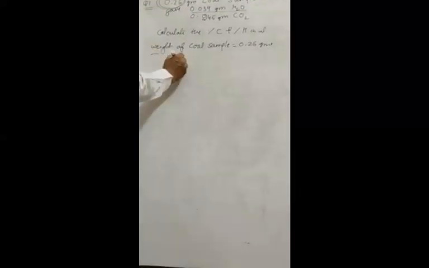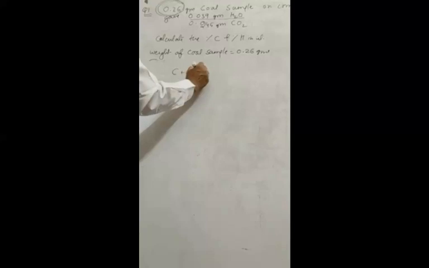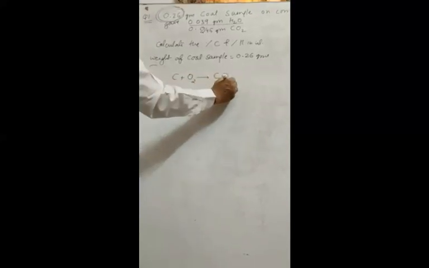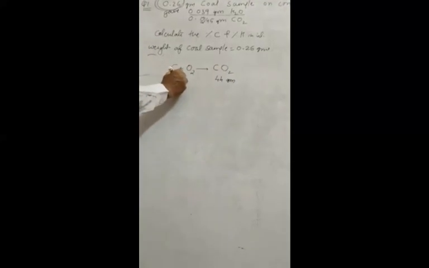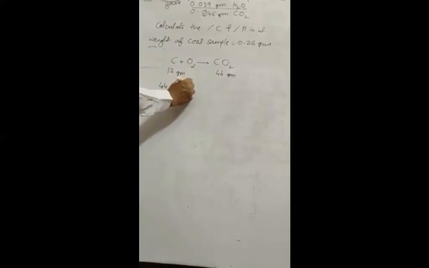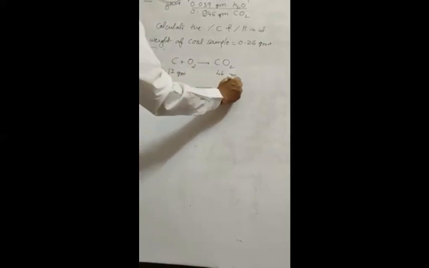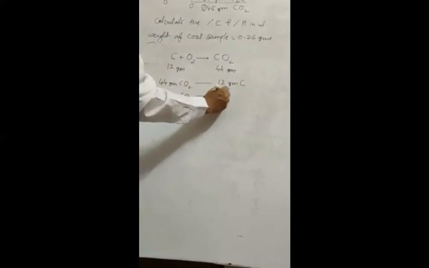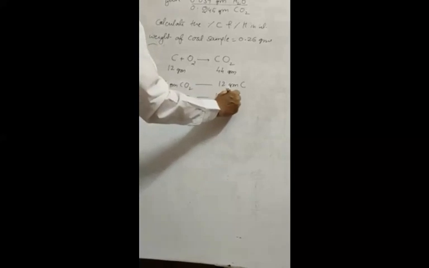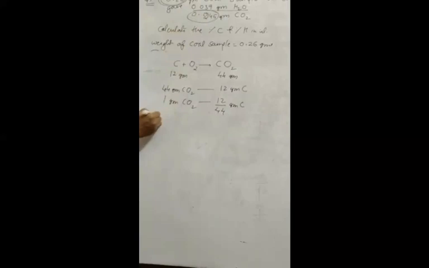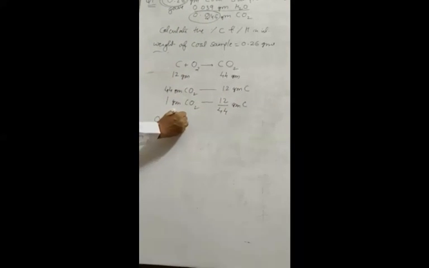Similarly, we can calculate the percentage of carbon from the amount of carbon dioxide formed. C plus O2 gives CO2. So 44 grams of carbon dioxide corresponds to 12 grams of carbon. So 1 gram of carbon dioxide is equivalent to 12 by 44 grams of carbon, and the carbon dioxide obtained is 0.245 grams.